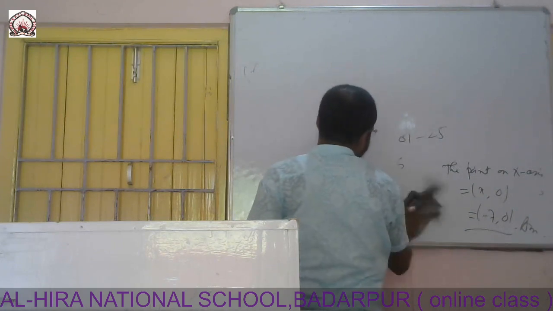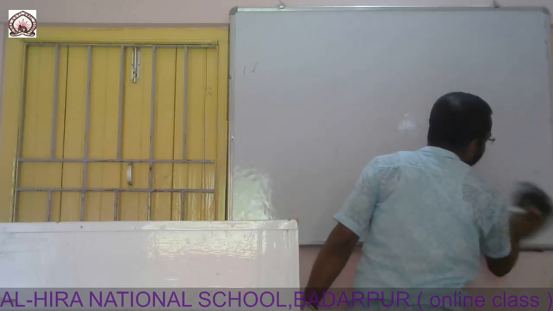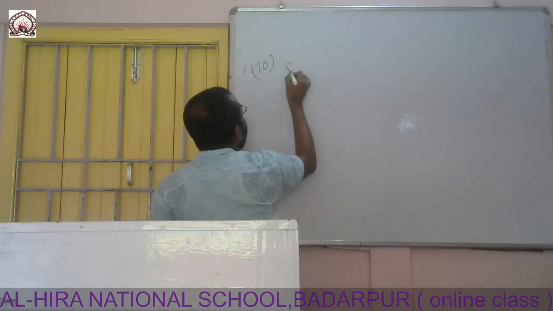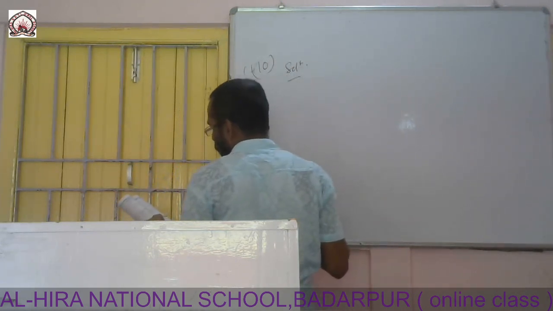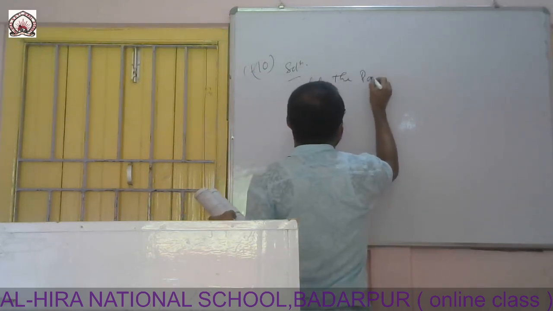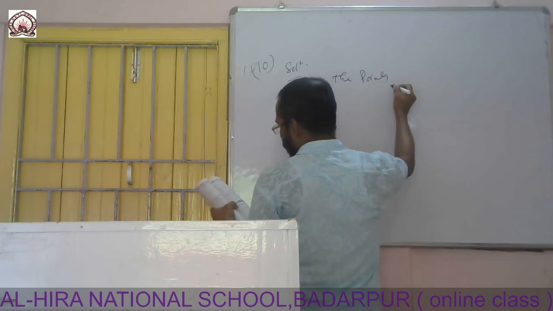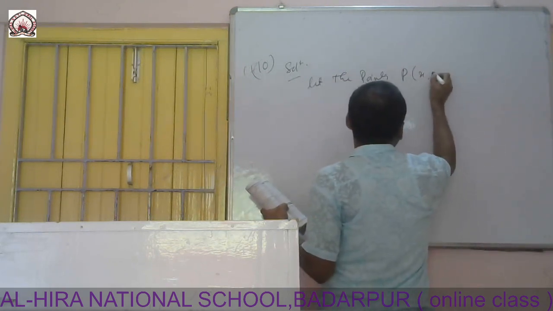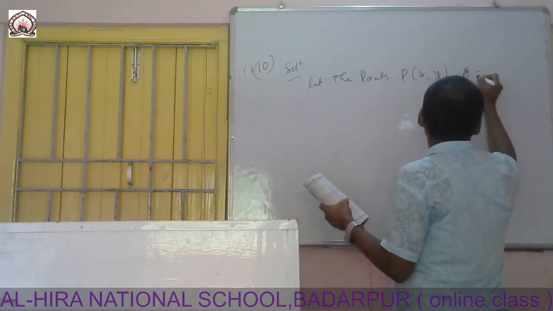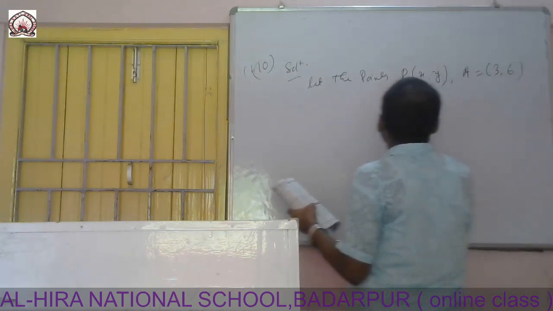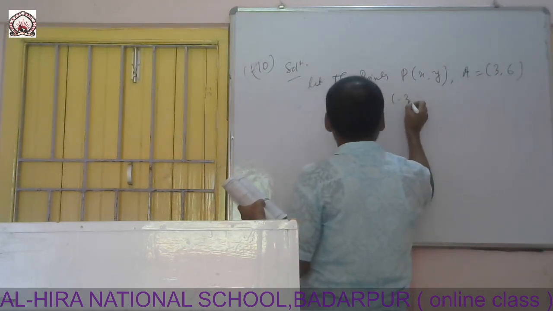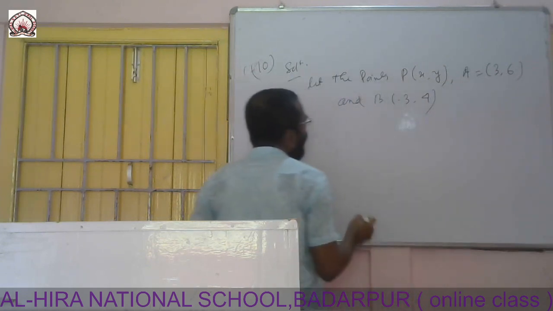Question number 10, solution. Let the point be P(x, y), and A(3, 6) and B(-3, 4), as the point is equidistant.